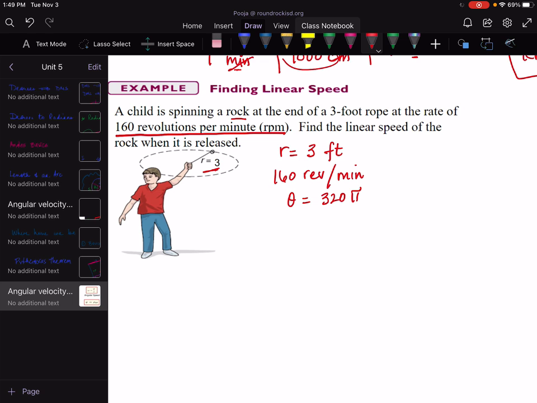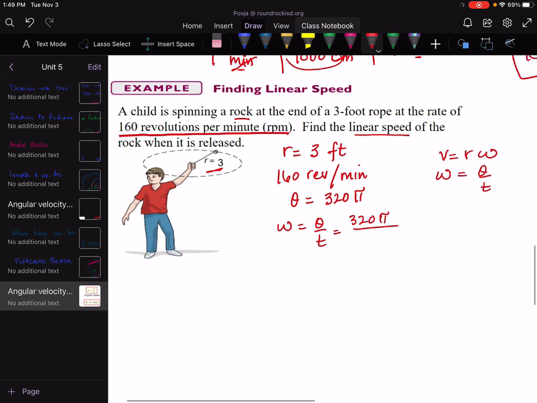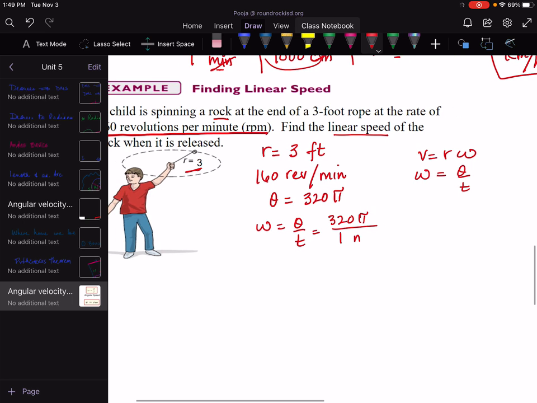This question is asking me to find linear again. So linear is radius times angular, but to be able to use that, I first need to find angular. And angular is theta over t. So let's do that. Theta I just found is 320 pi. T in this case is per minute, so 1 minute.